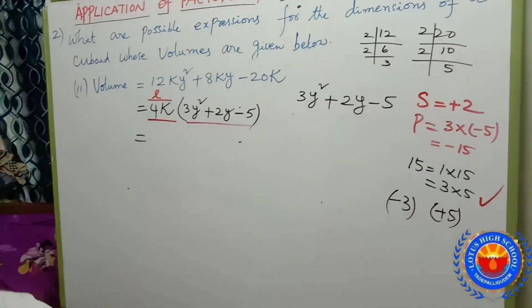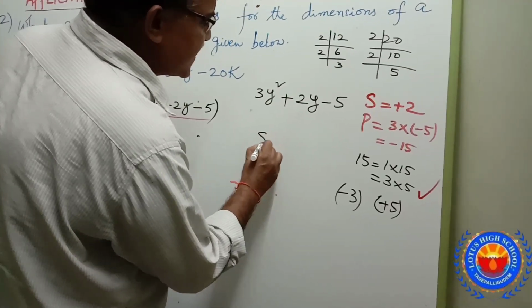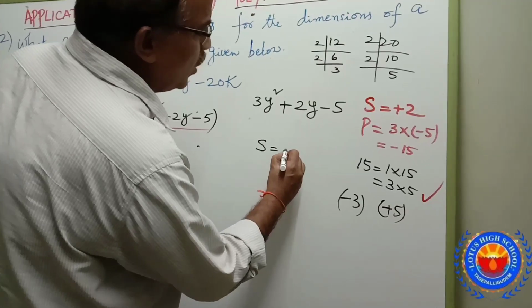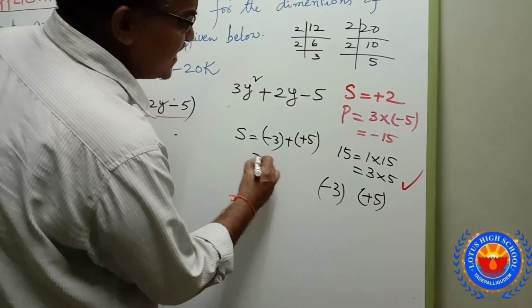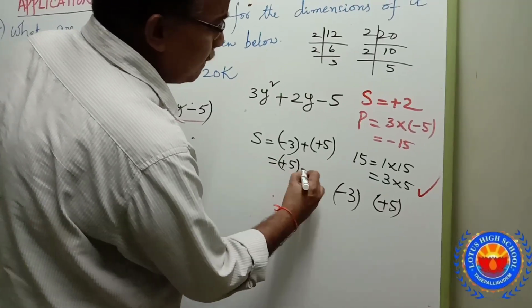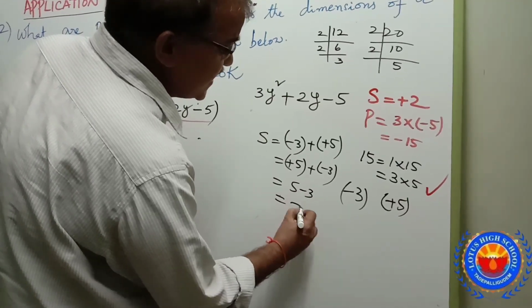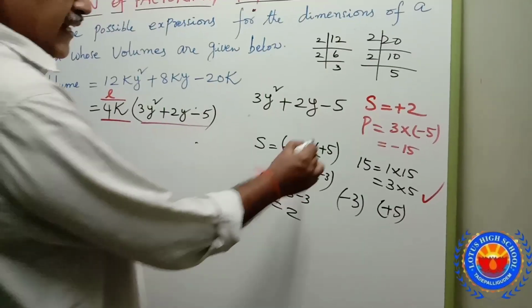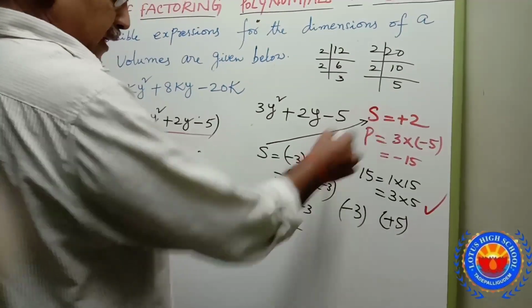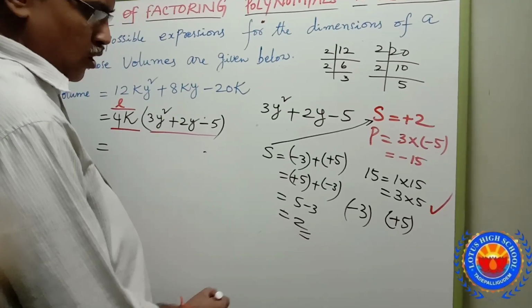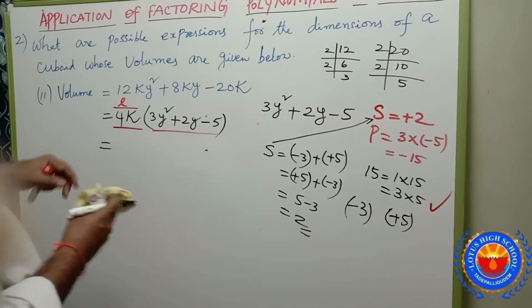The sum is minus 3 plus 5, which is 5 minus 3, nothing but 2. Yes, the sum is equal to plus 2. Now go for the product.